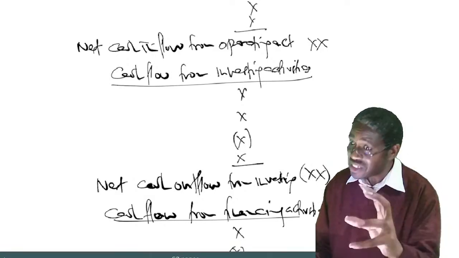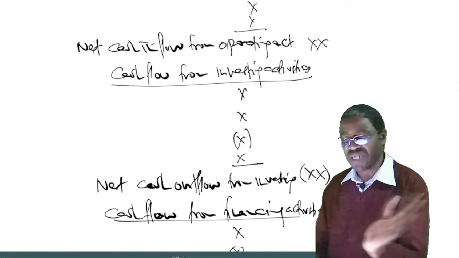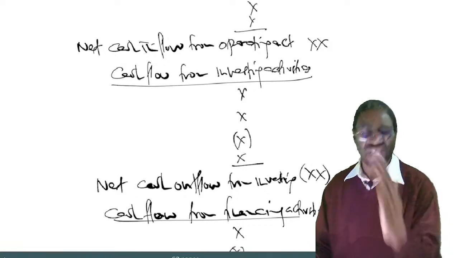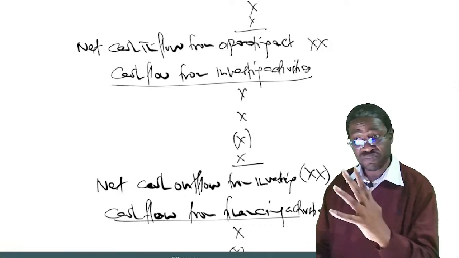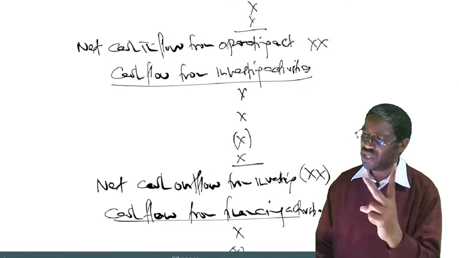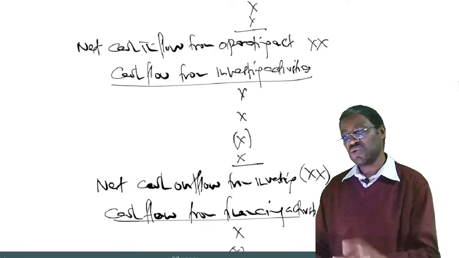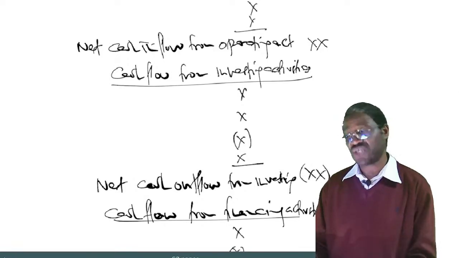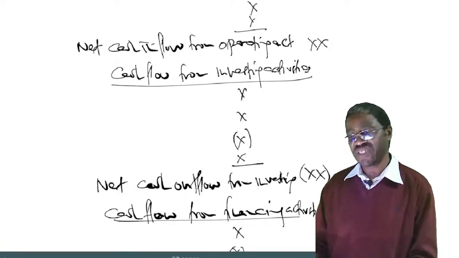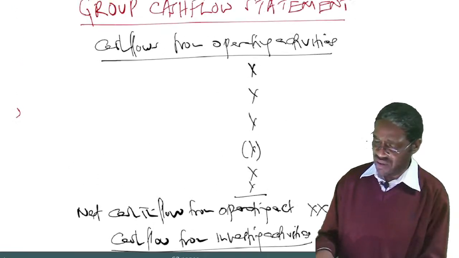For the investing and financing parts, the format is the same. The difference between the two methods comes in the section we are calling the operating activities. That's what I want to go through now.